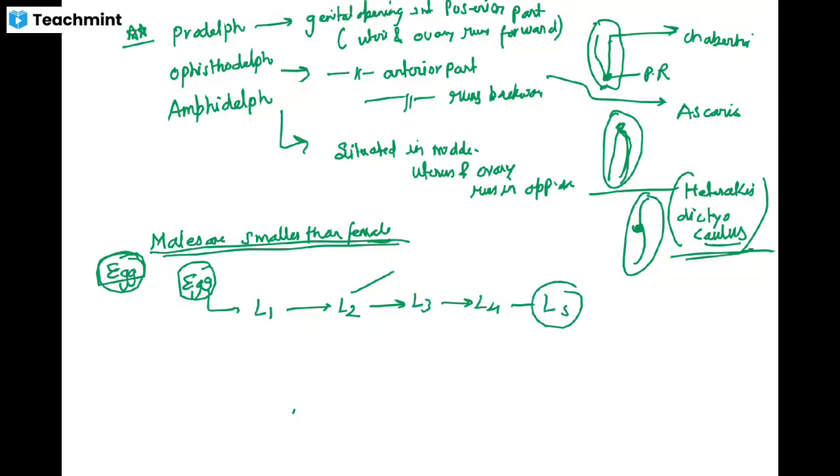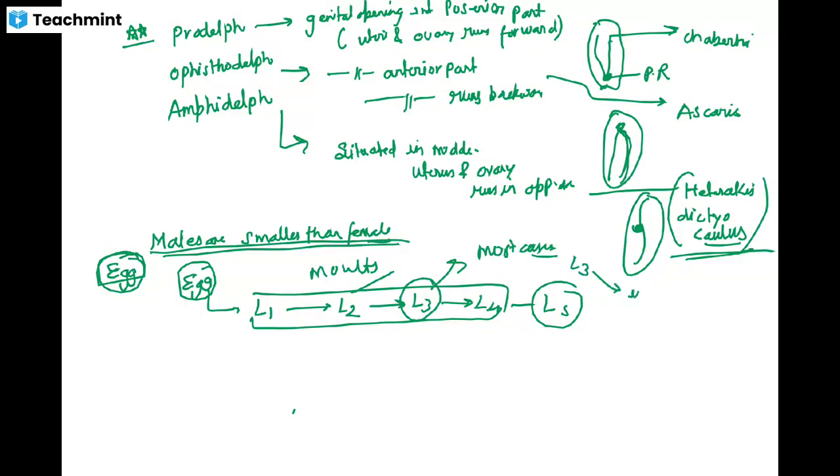Generally 4 molts तो उसमें present ही होंगे, L1, L2, L3 and L4. तो in most cases L3 is the infective stage. फिर suppose L3 infective है तो फिर वो host में जाएगा और वहां disease cause करेगा, infection cause करेगा. तो इसमें से जो first 3 हैं, L1, L2 and L3 are pre parasitic.